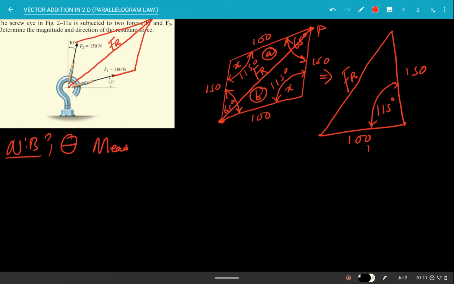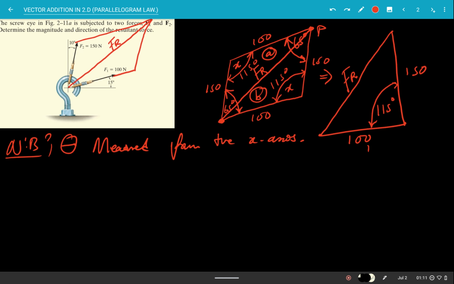from what? The positive x-axis. That is if they haven't specified. Sometimes they would say it's measured clockwise or counterclockwise. So in this case, from the positive x-axis, that is counterclockwise. So it means we're going in that way. But sometimes they would say clockwise, and you have to go in that direction.